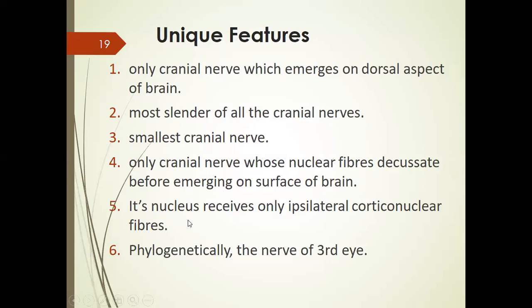Its nucleus receives only ipsilateral corticonuclear fibers, so there is no connection of the opposite hemisphere. And phylogenetically, it is called the nerve of the third eye. It is believed that it supplies the pineal gland. That's why phylogenetically the nerve is also called the nerve of the third eye.